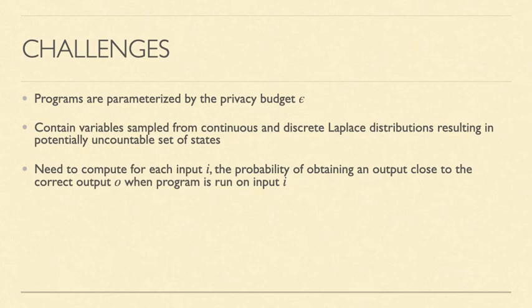Further, we need to compute for each input I the probability of obtaining an output that is close to the correct output when the program is run on the input I. And of course, this probability is going to depend upon the privacy budget.